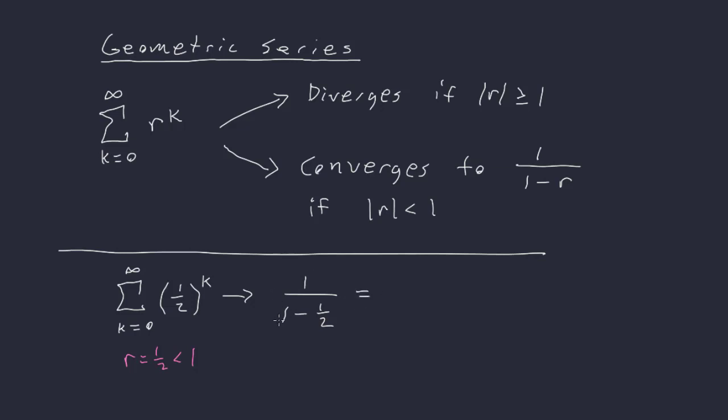When we simplify this, this is 1 over 2/2 minus 1/2, so 1/2, so we get 2. Interesting. So what this tells us is that the series we started with at the beginning, the 1 plus 1/2 plus 1/4 plus 1/8, plus 1/16, on and on, actually equals 2.